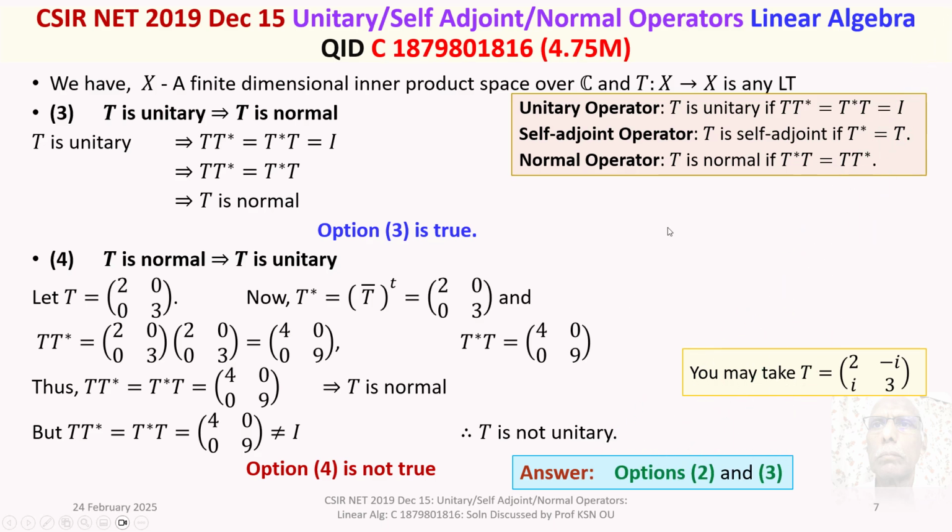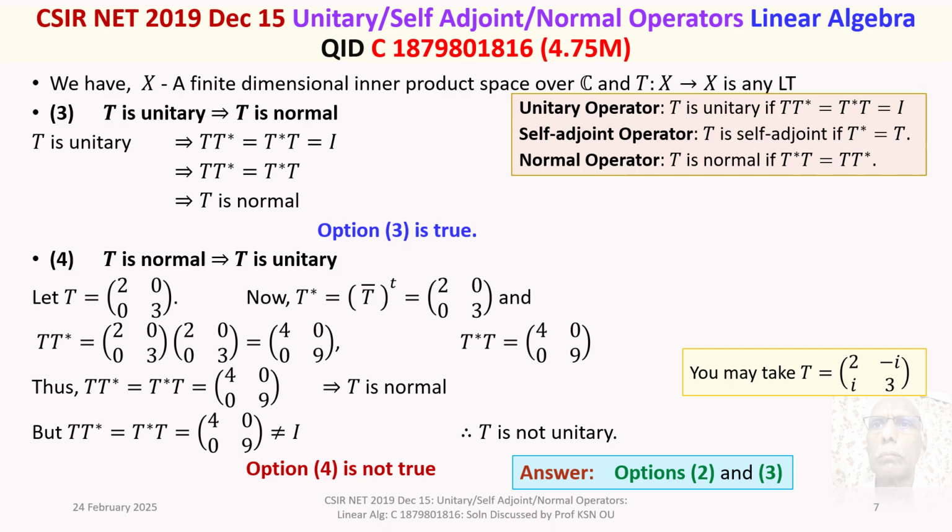If you know the definitions of the normal operator, self-adjoint operator, and unitary operator, then it comes out very easily. For the counter examples, you have to think a little bit, but not much. Then you will get them also.